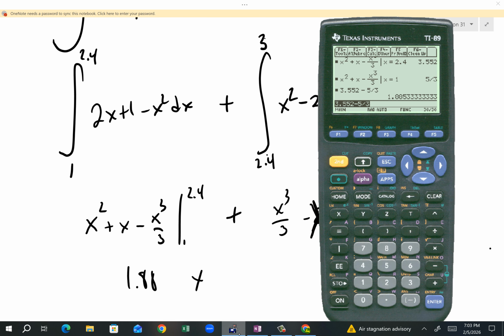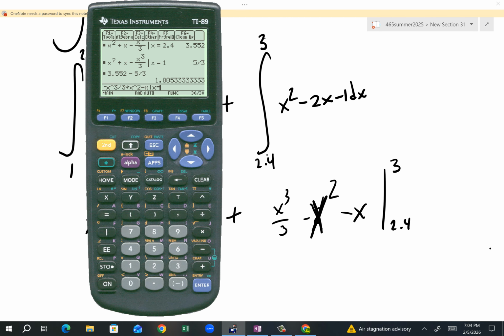Now, again, that's going to be negative x cubed divided by 3 minus x squared minus x such that x equals 3, and such that x equals 2.4.